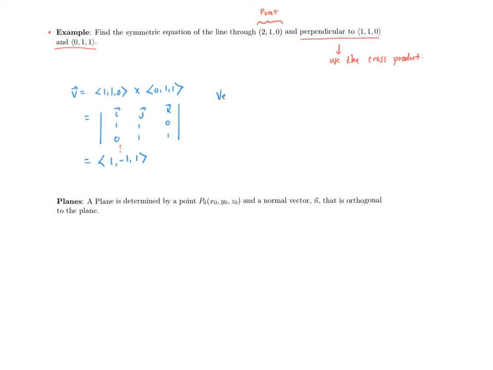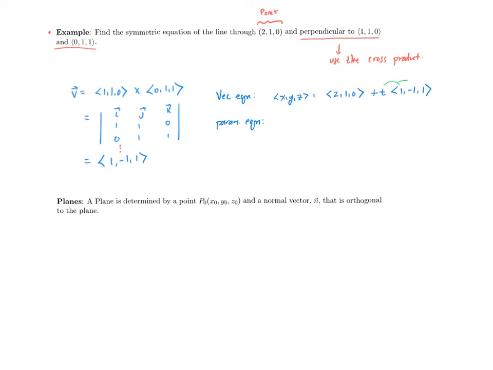So if we work our way through the various equations, the vector equation of the line would be x, y, z, this arbitrary point, is equal to the vector corresponding to the point we know on our line, plus t times the direction vector, 1, minus 1, 1. And we can immediately take the vector equation and convert that into the parametric equations. What we need to do is set all of those corresponding components equal to each other.